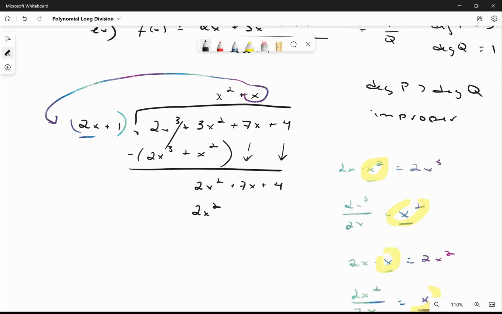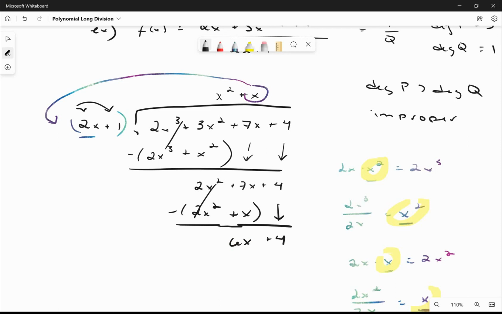And then distributing, 1 times x just gives you x. And then we subtract this whole thing: 2x squared minus 2x squared gives you 0, 7x minus x gives you 6x, and then this 4 comes down.